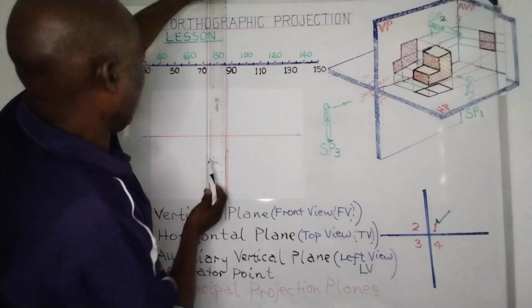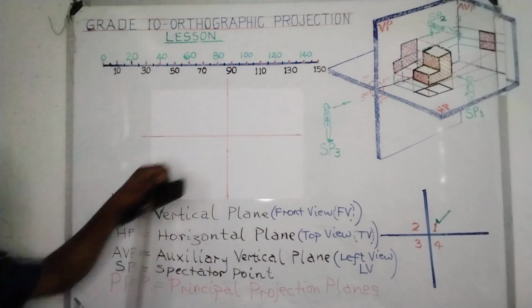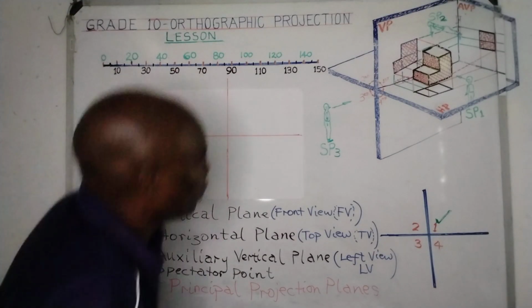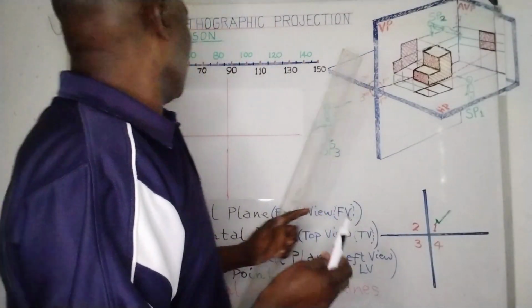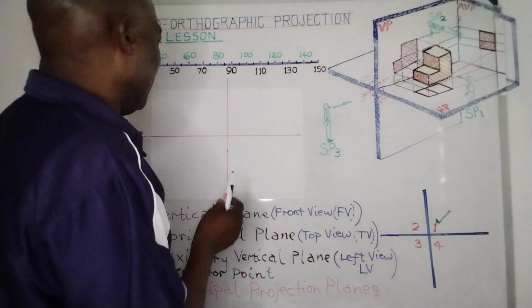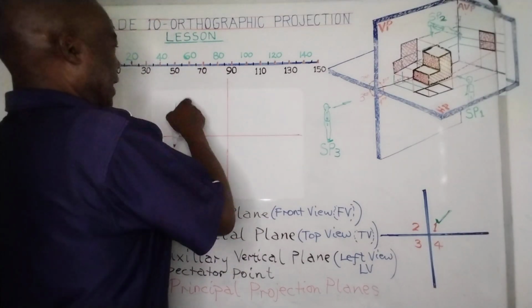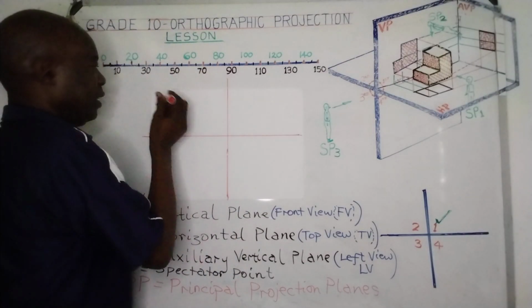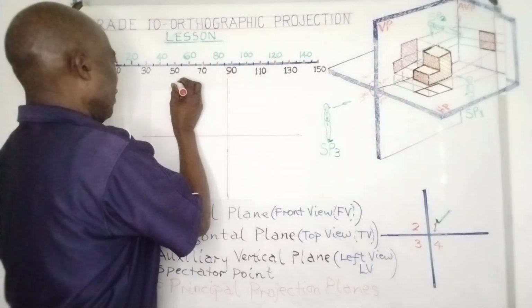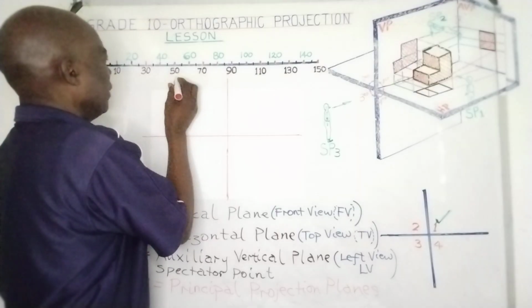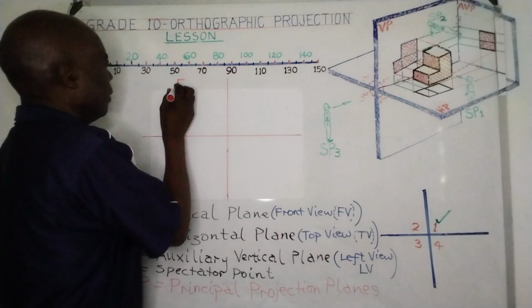And on the vertical plane, that's where we have our front view. And then this is the vertical plane, and this one now comes down. It will be like that. So this one now becomes the horizontal plane. Let me label it down here. Horizontal plane.